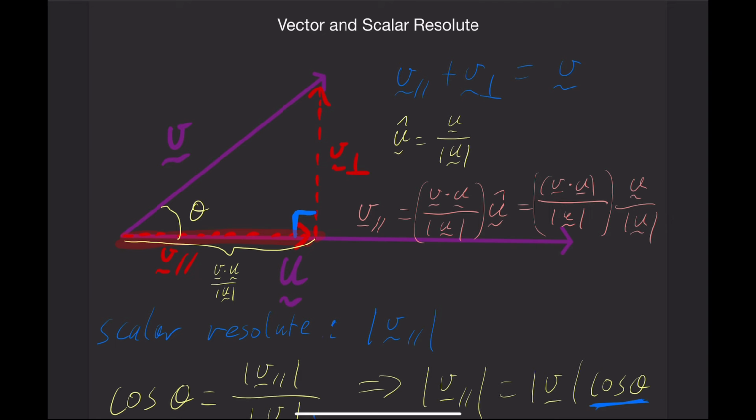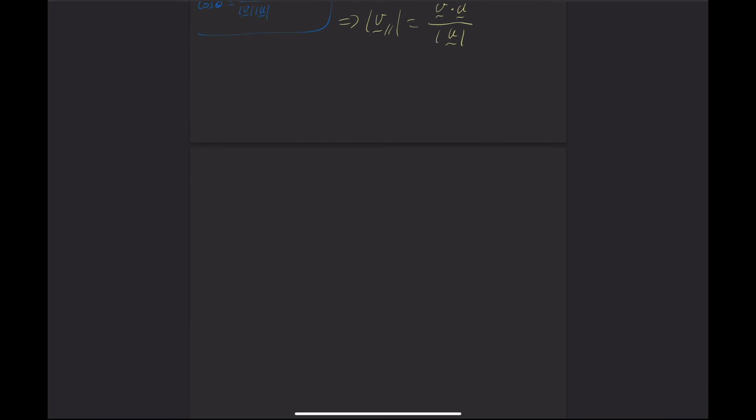So we're going to take that down to our next page, and we're going to be able to say that v parallel is equal to v dot u over magnitude of u squared, all times u vector.